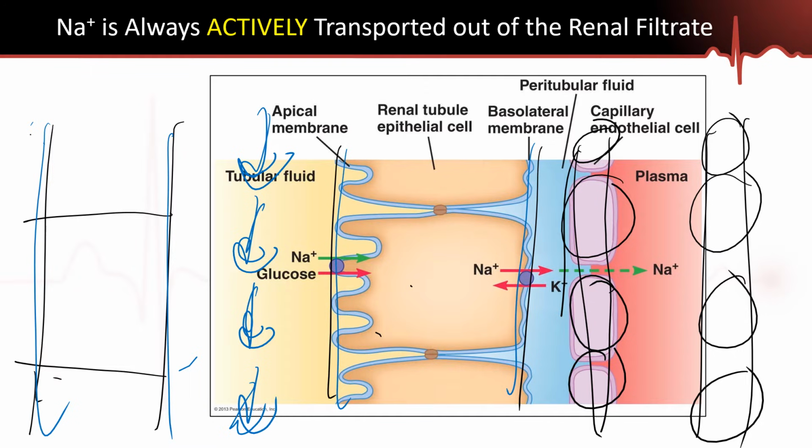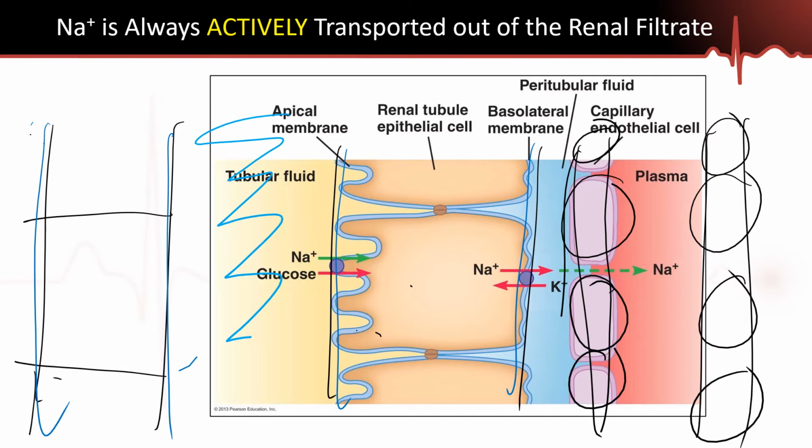So what this is trying to show you, whether this is the proximal convoluted tubule or somewhere else, is how the nephron lies next to the peritubular capillaries. And what you have traveling through the lumen of the nephron is blood plasma. And what you have traveling through the lumen of the peritubular capillaries is blood.